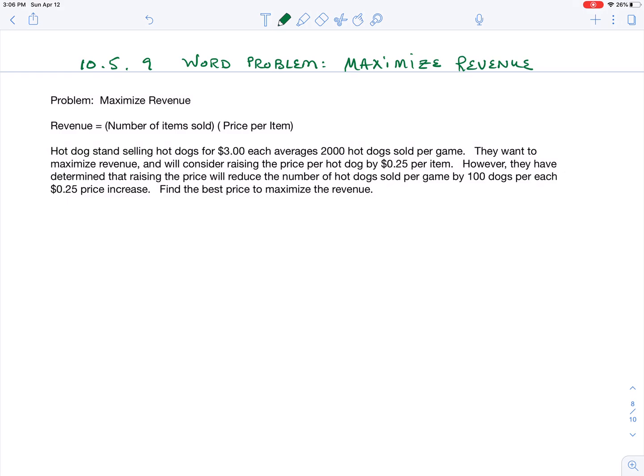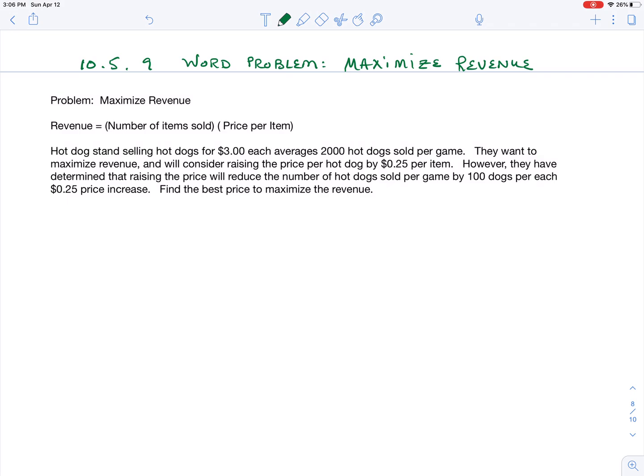They want to maximize the revenue, so they will consider raising the price per hot dog by 25 cents per item. However, they have determined that raising the price will reduce the number of hot dogs sold per game by 100 hot dogs per each 25-cent price increase. Find the best price to maximize the revenue.